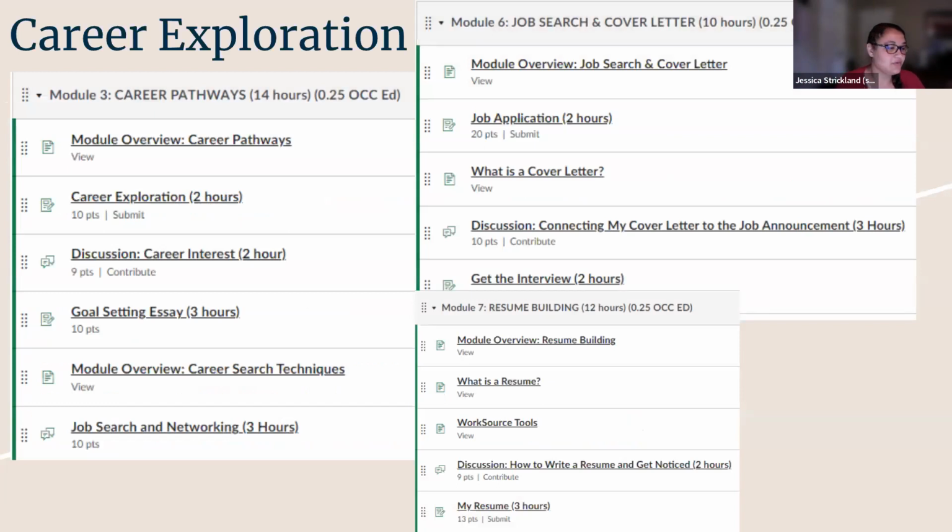All right, so for career exploration, giving them a chance to take the O*NET interest survey and setting goals for their career, career search techniques, and job search and networking. All of these are important skills that we all need now.